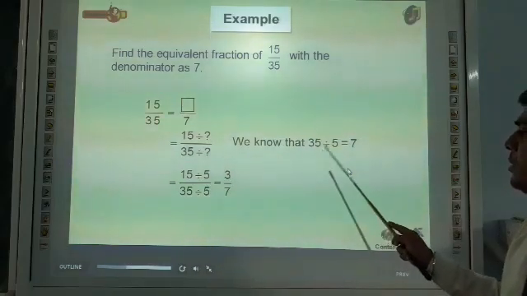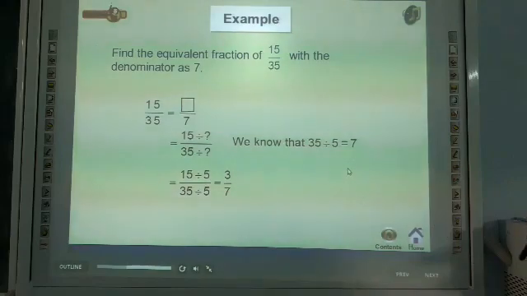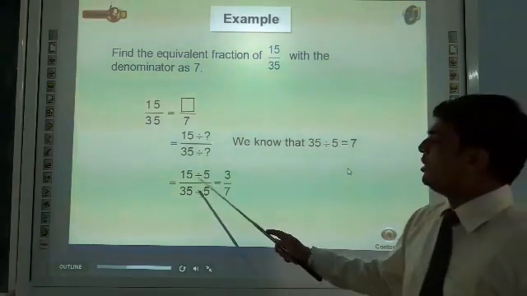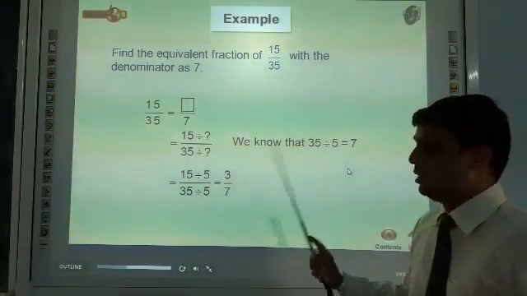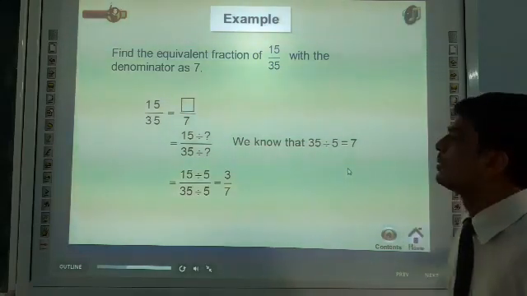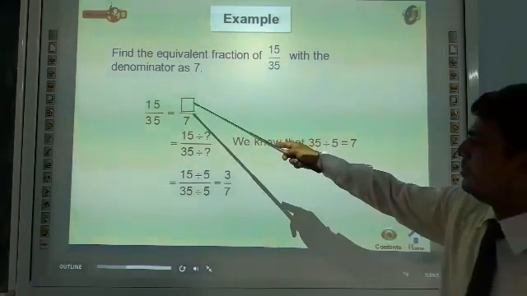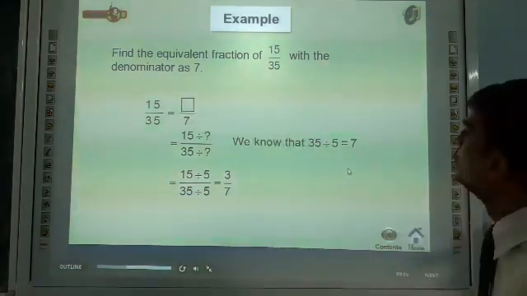We know that 35 divided by 5 is equal to 7. 15 divided by 5 is equal to 3. So the value of this is equal to 3.